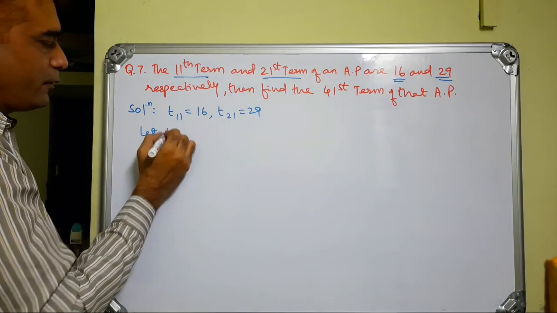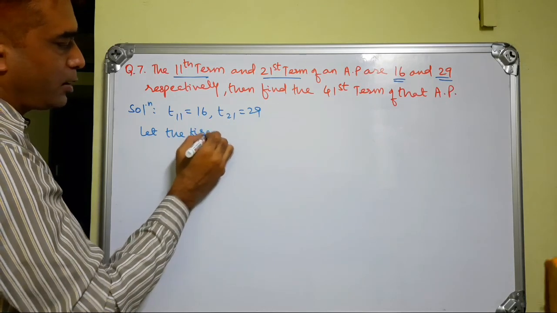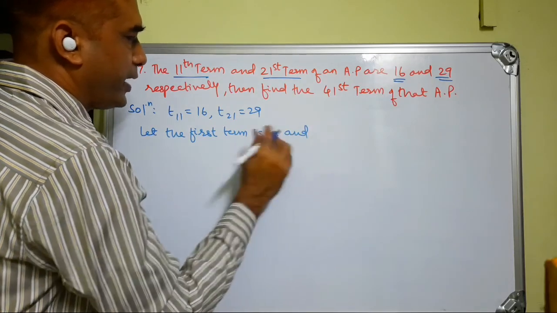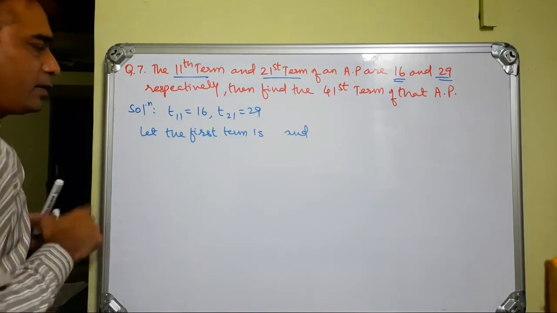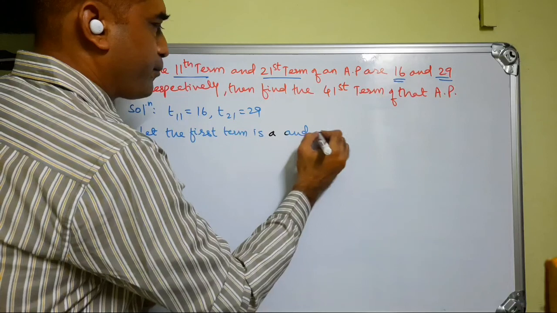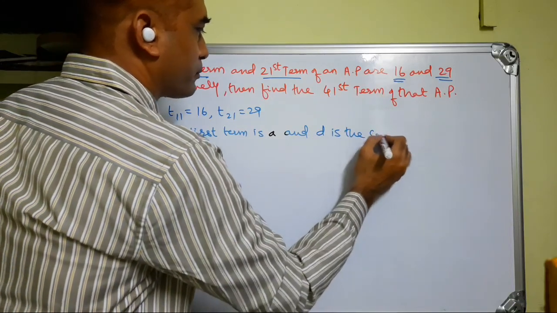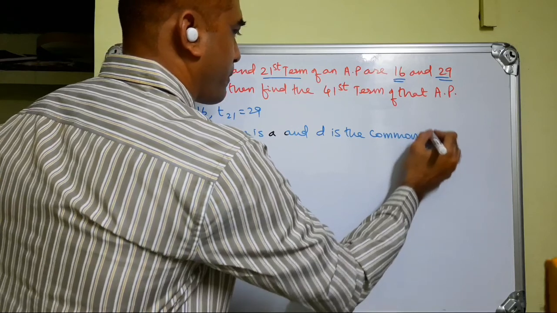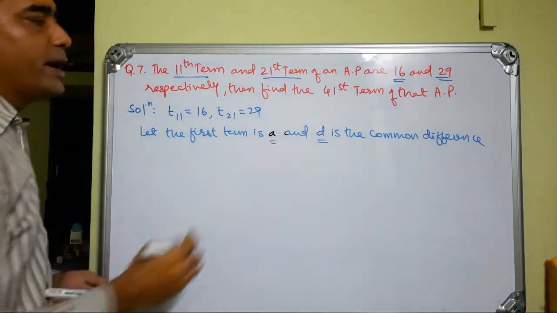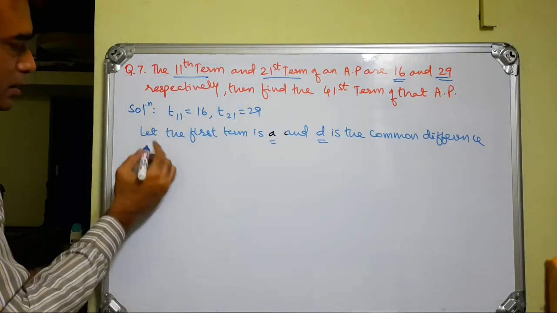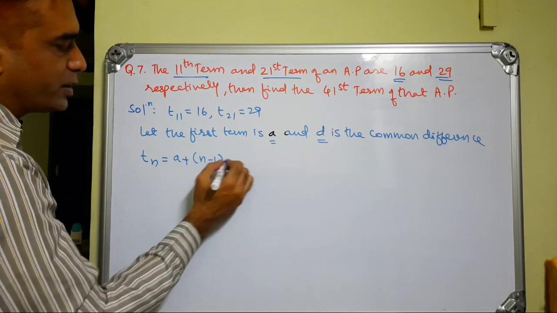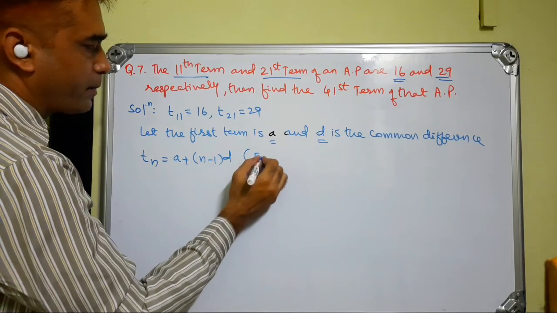Let the first term be A and D be the common difference. Now we will write the formula first. Tn equals A plus (n minus 1) D. This is the formula.